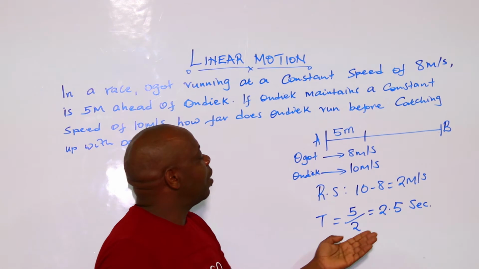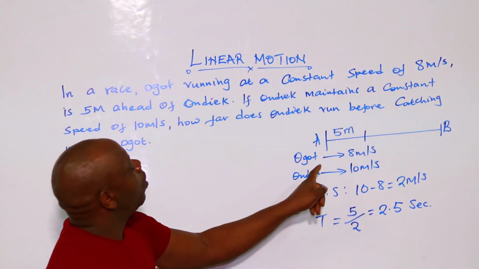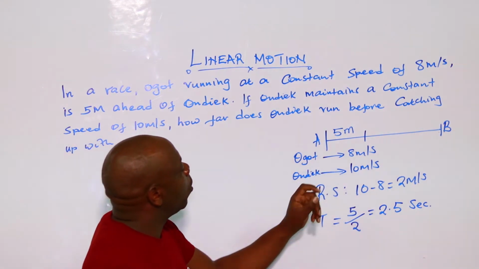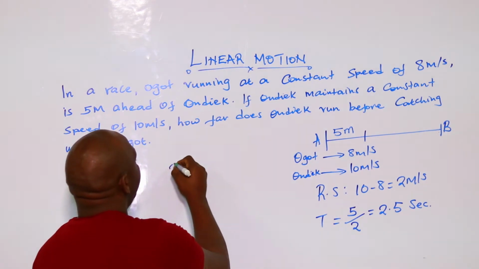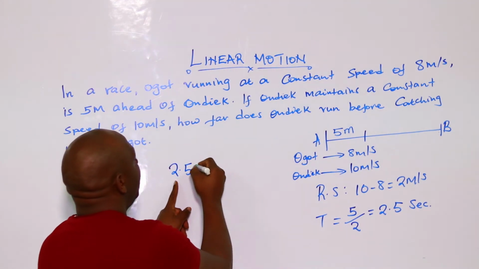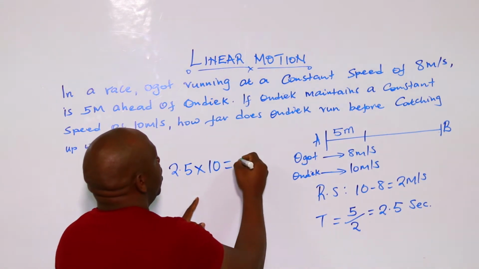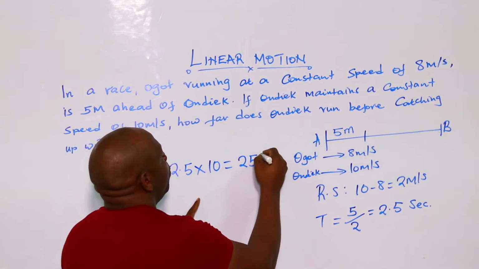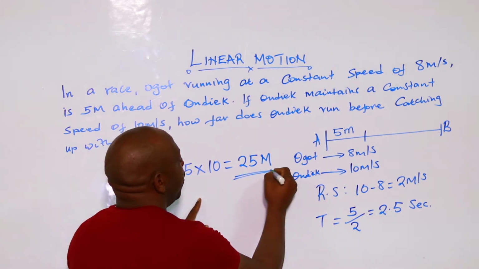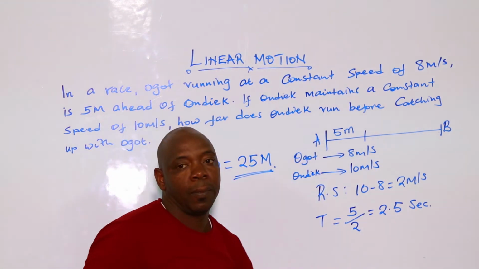So the distance he covers before catching up with Ogot is 2.5 times the speed of 10 to get 25 meters. That's the distance he needs to cover.